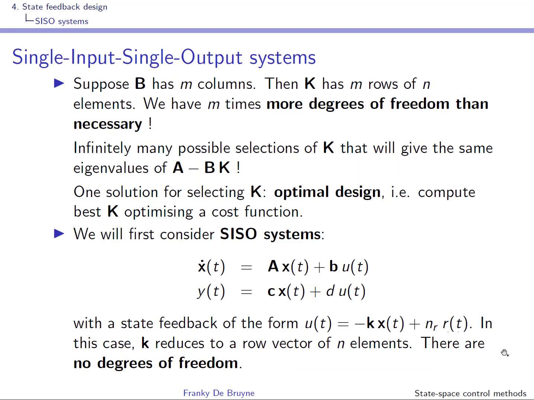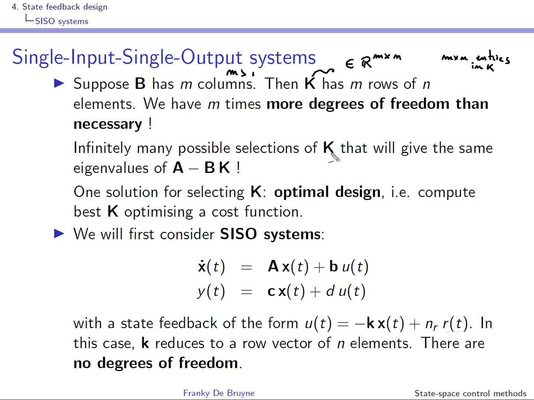So here we look at the differences between cases where you have more than one input and cases where you have only one input. So suppose that m here is larger than 1. Remember that K lives in R^(m times n). So in this case there will be m times n entries in K, right?